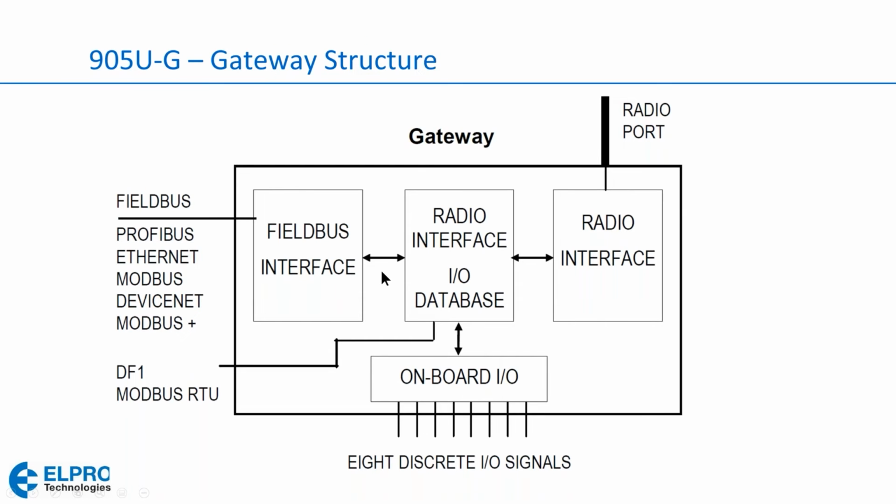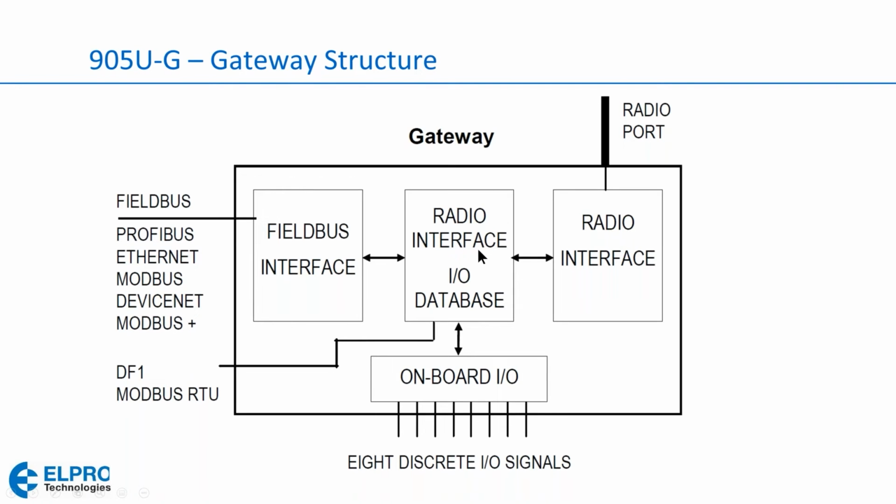And so one of the steps that we have to do is we have to map the data. We have to transfer it from the radio interface database to the field bus interface database before it can be read using Modbus or Ethernet IP. So that's an additional step. This is a separate circuit board laid on top of the radio database circuit board, and therefore there is a second step.